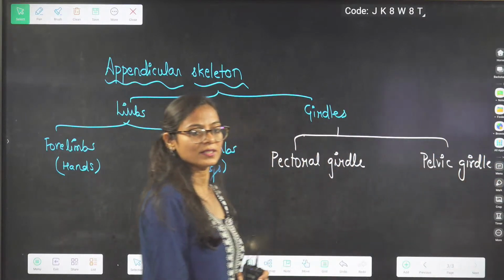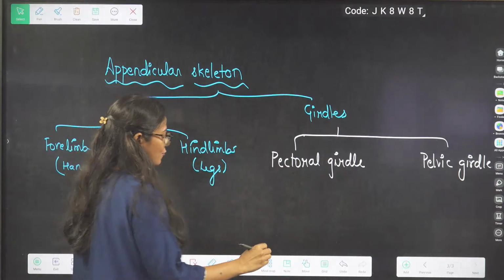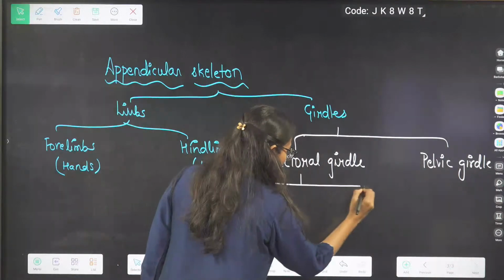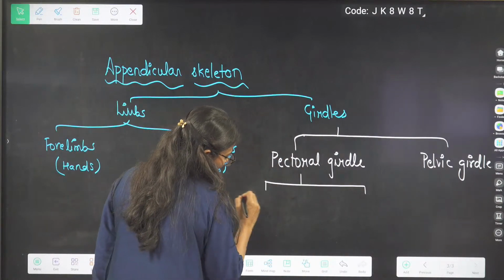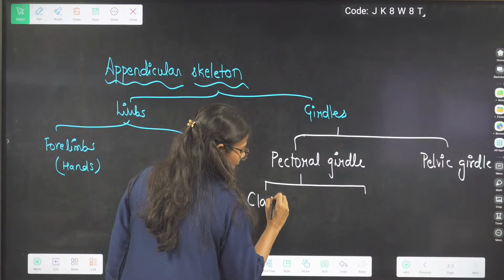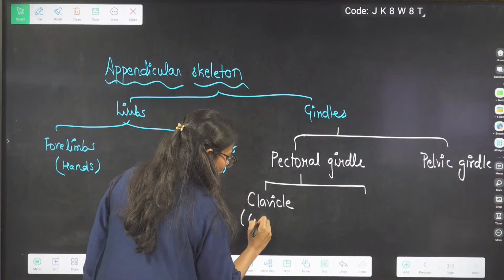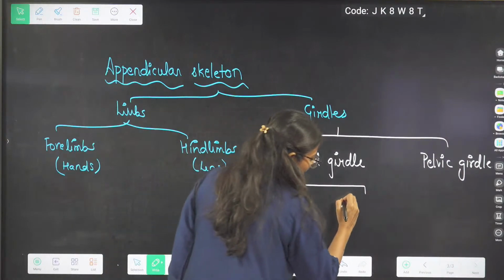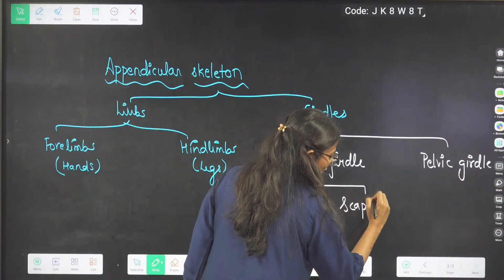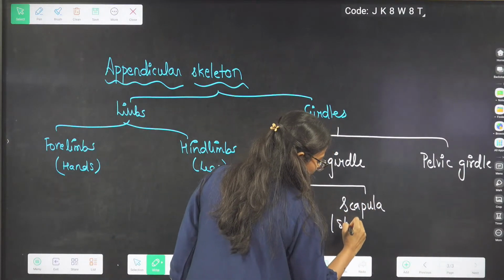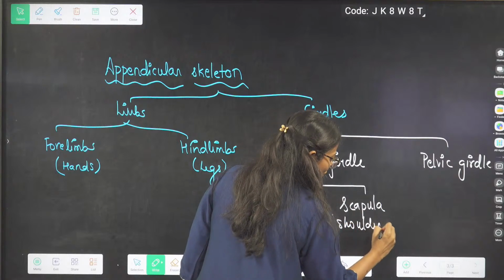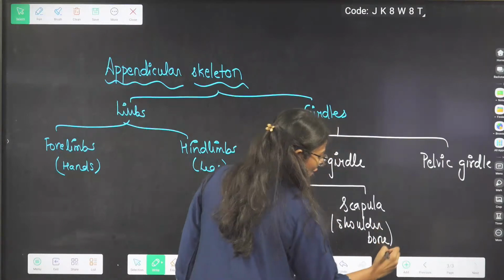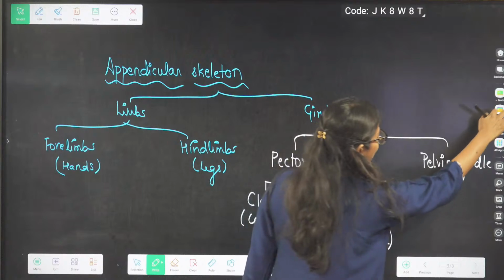First, pectoral. Pectoral will have two types of bones. One is called clavicle. It is also known as the collarbone. The other one is scapula, that is also known as the shoulder bone. Now I am going to show you this in the diagram.